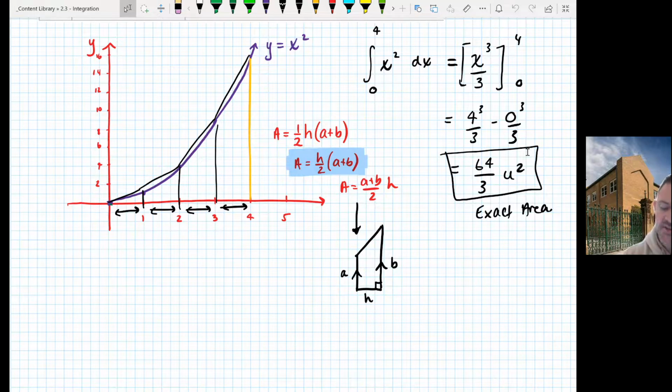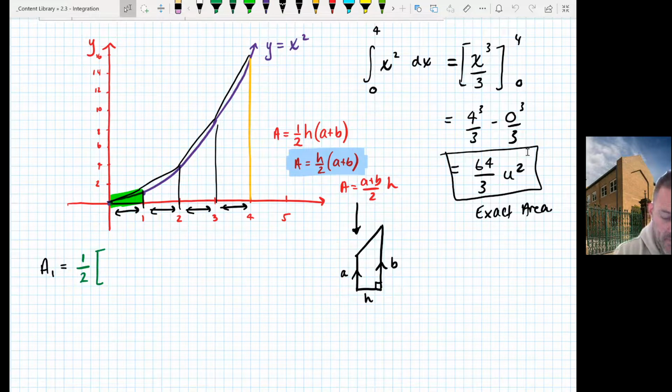Okay. So if I apply this formula to the very first one, let's call it area 1, I know it looks like a triangle, but I'm going to do it in green. We would say height divided by 2. Now the height is between 0 and 1, which means it's 1 over 2. And then the A plus B: how high is that particular trapezium in green?